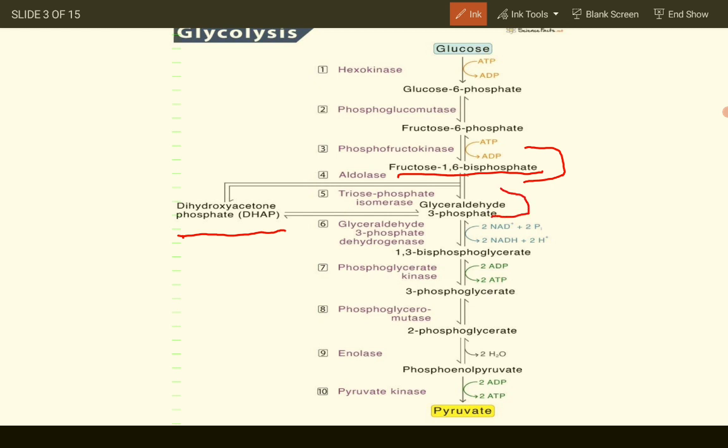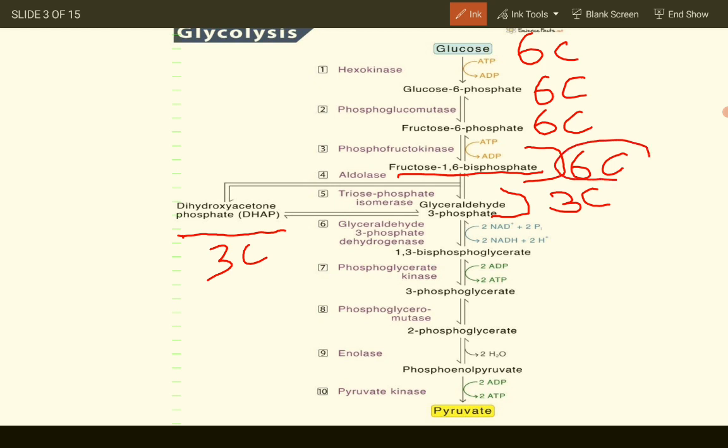Glucose, glucose 6-phosphate, fructose 6-phosphate and fructose 1,6-bisphosphate were all 6-carbon molecules, and now this 6-carbon molecule is broken down into two 3-carbon molecules, dihydroxyacetone phosphate and glyceraldehyde 3-phosphate.